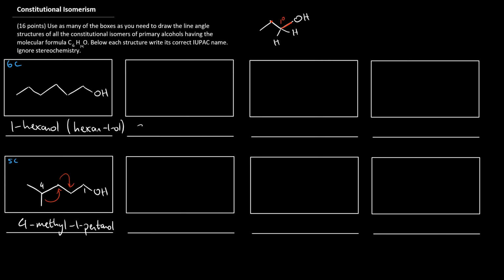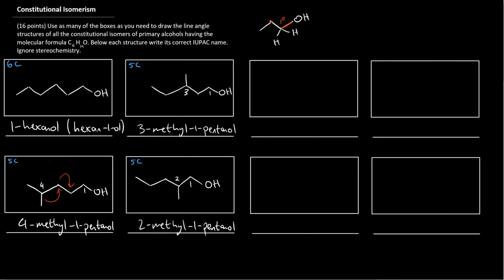In essence, we have a 3-methyl-1-pentanol and a 2-methyl-1-pentanol, both of which are obviously primary. So these are the 4 compounds we have so far. We started with a 6-carbon compound, normal hexanol, 1-hexanol, and we used that as a template by moving the methyl group on a pentanol from 4 to 3 to 2, and we got these structures here.